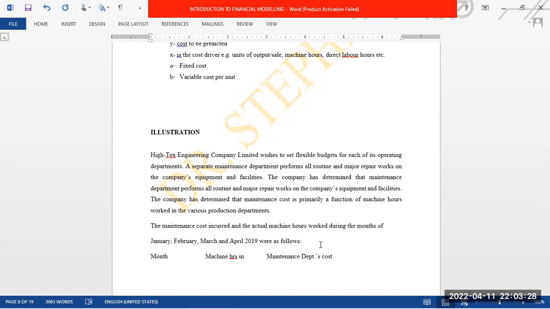The company has determined that maintenance cost is primarily a function of machine hours worked in the various production departments. The maintenance cost incurred and the actual machine hours worked during the months of January, February, March and April 2019 were as follows.